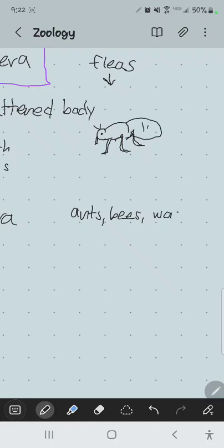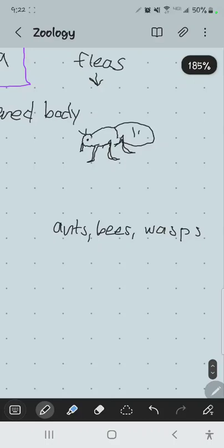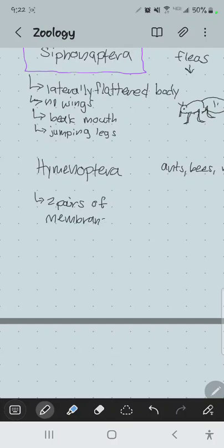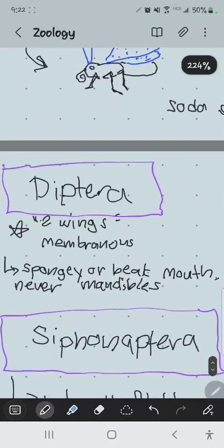And so their features are they have 2 pairs of membranous wings, as opposed to 1 pair of membranous wings in the Diptera. So the thing you probably confuse the Hymenoptera with would be a fly, and you want to count the wing number. If it has 2 pairs of wings, Hymenoptera; 1 pair of wings, Diptera is the feature.